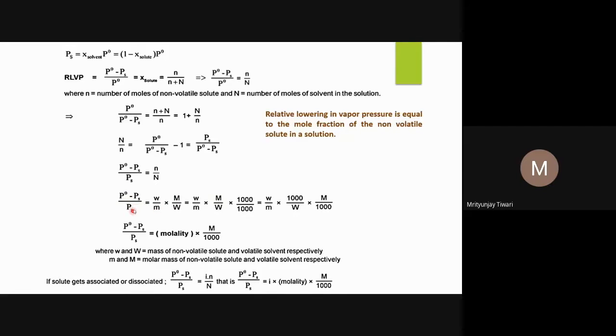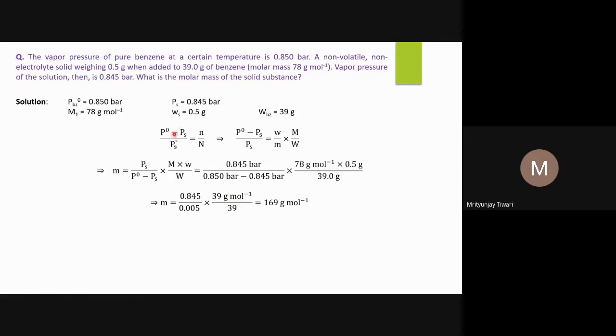Even if you don't remember this equation, you should remember this one, and if you remember it, you can derive everything very easily. So we can use n divided by N: P naught minus Ps divided by Ps is equal to small n divided by capital N. Small n is the number of moles of solute, divided by capital N, the number of moles of the solvent.